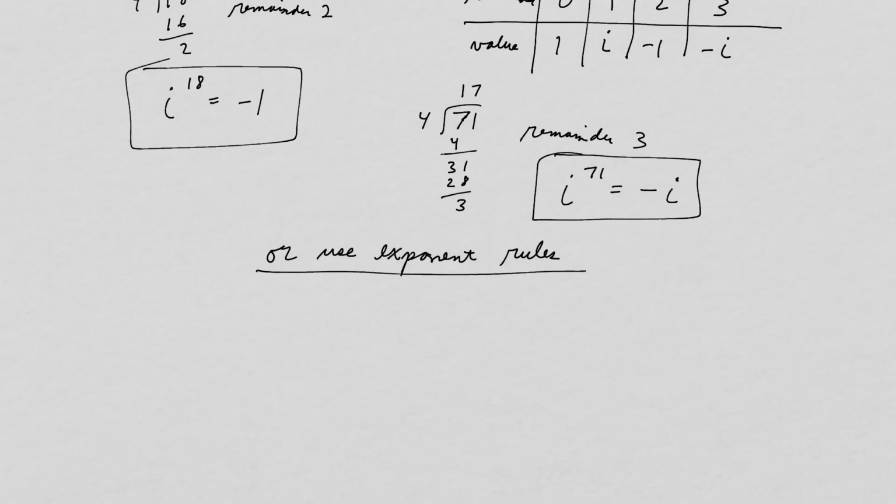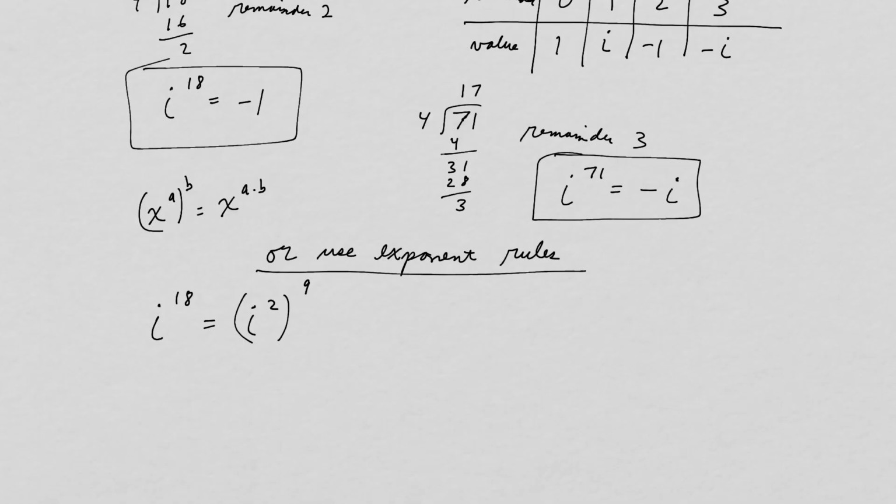If I have i to the 18th, I can write that as i squared, because we know i squared is -1, raised to the 9th power. This is like the rule: if I have x to the a raised to the b, then I multiply the exponents. So I'm going backwards, thinking of 18 as 2 times 9, so I'm writing it as i squared raised to the 9th.